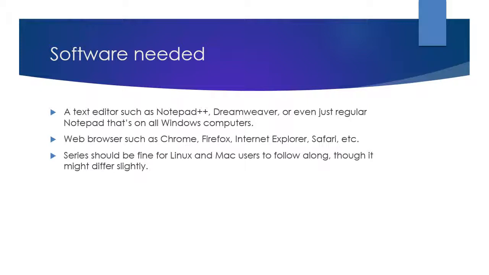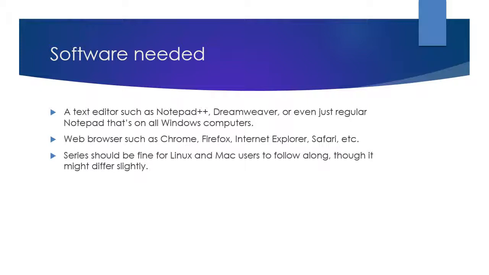So you can use pretty much any one of them. And if you're on a Linux or Mac operating system, you should be able to follow along just fine, because there's really no special software needed. All you need to do is code the page in a text editor, and then you'll display it in a web browser.